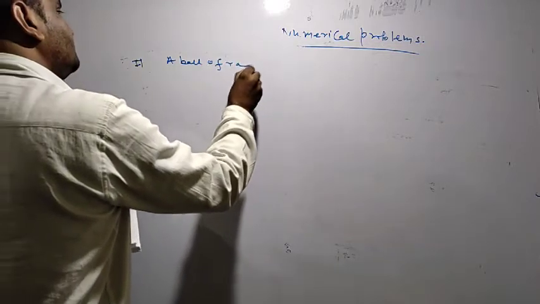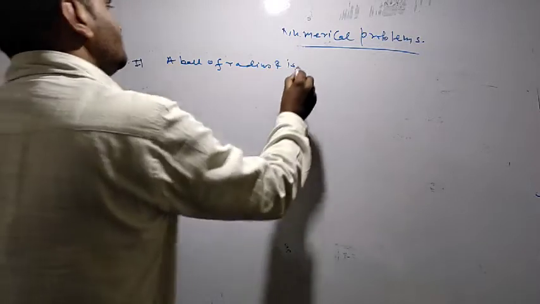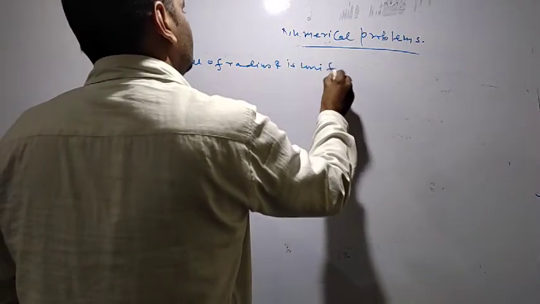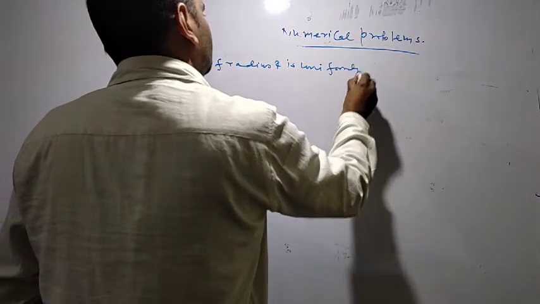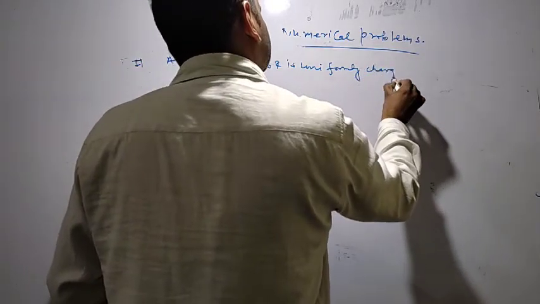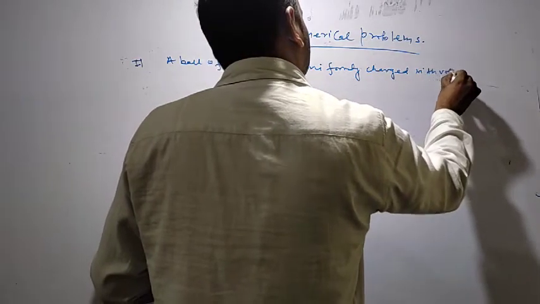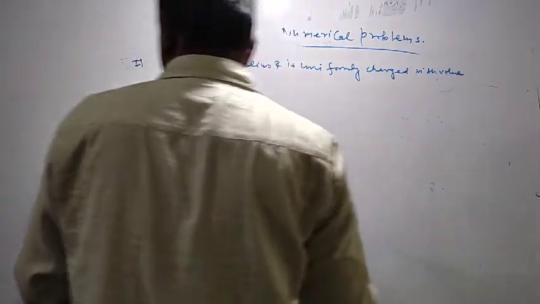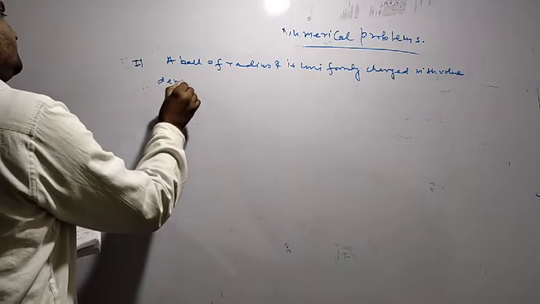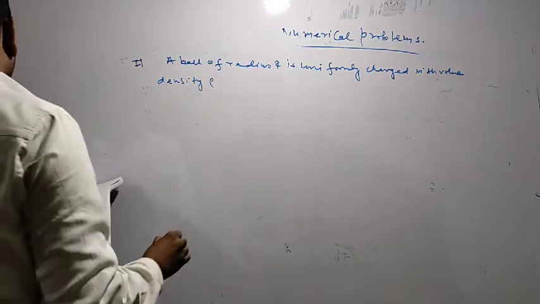A ball of radius R is uniformly charged with volume density rho.